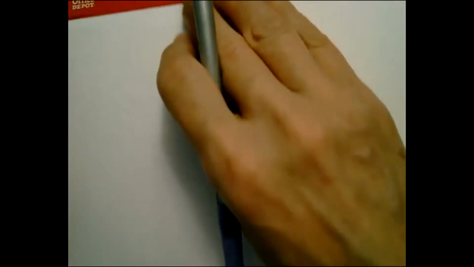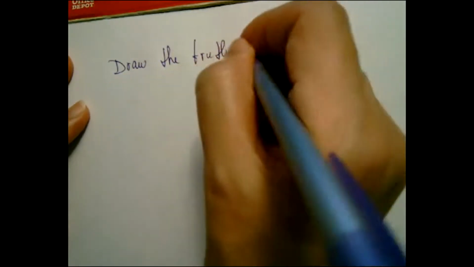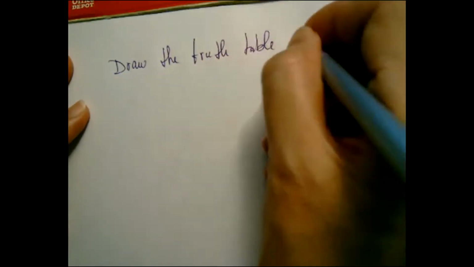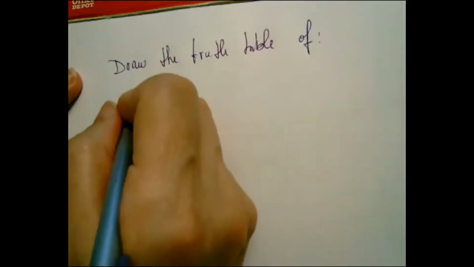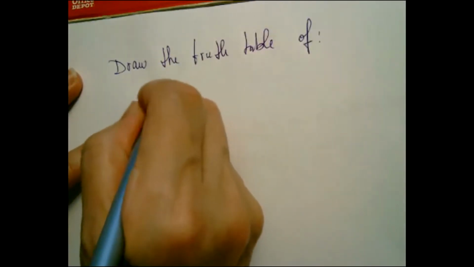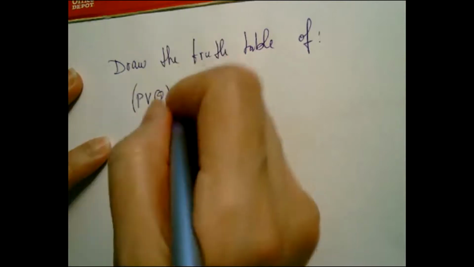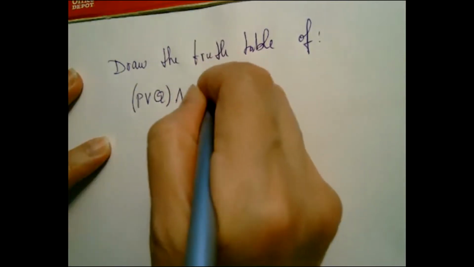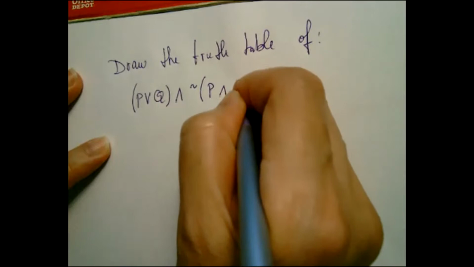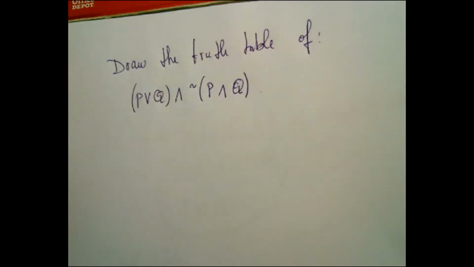My question is, draw the truth table of P or Q and not P and Q. What does it mean, draw the truth table?